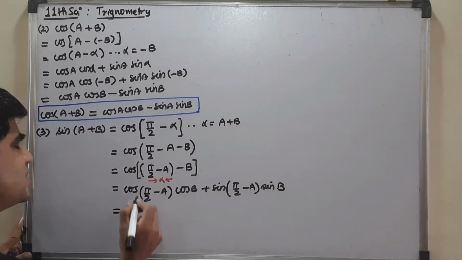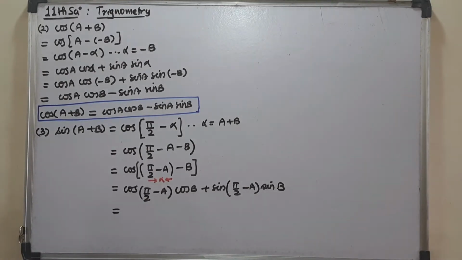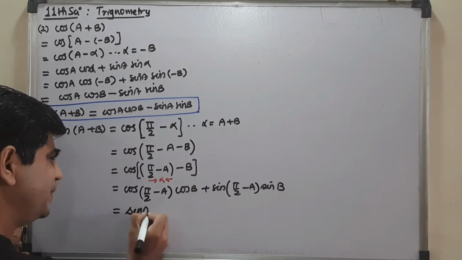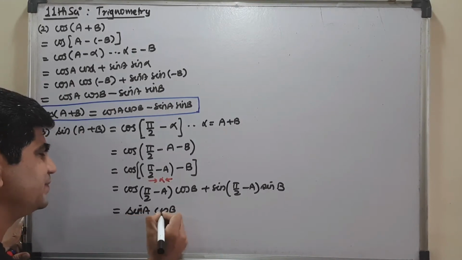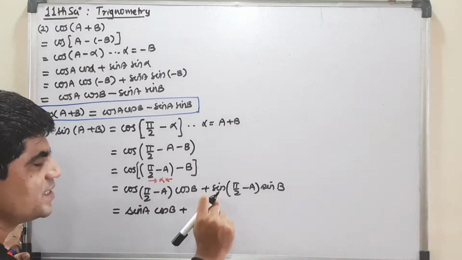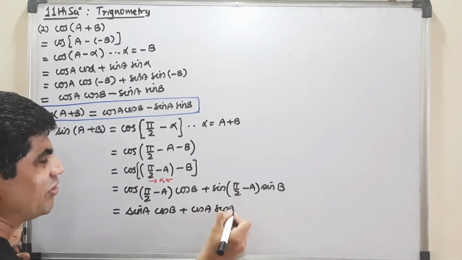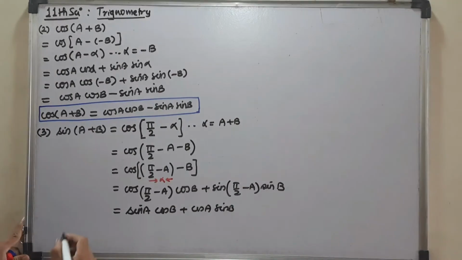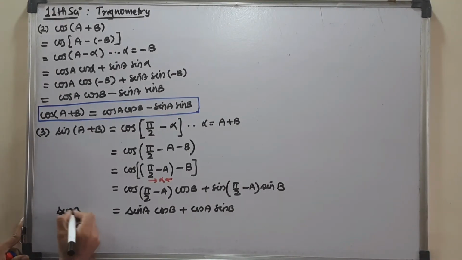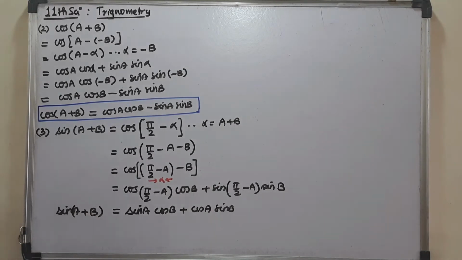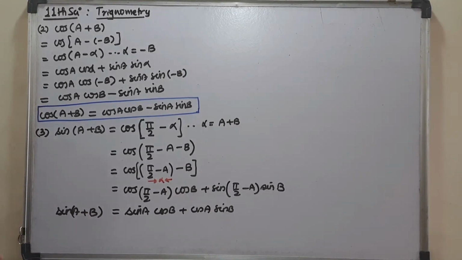Now cos 90 minus theta is equal to sin theta, so it becomes sin a cos b plus, sin 90 minus theta is equal to cos theta, so it is sin a plus b is equal to sin a cos b plus cos a sin b.